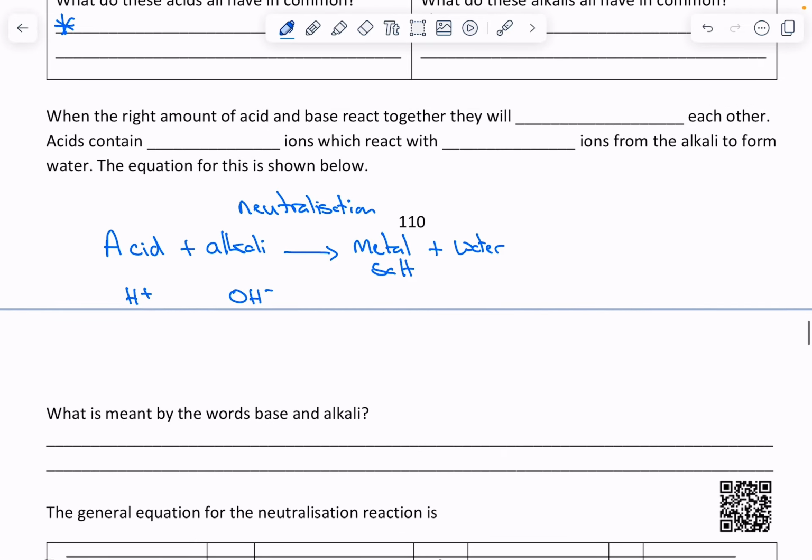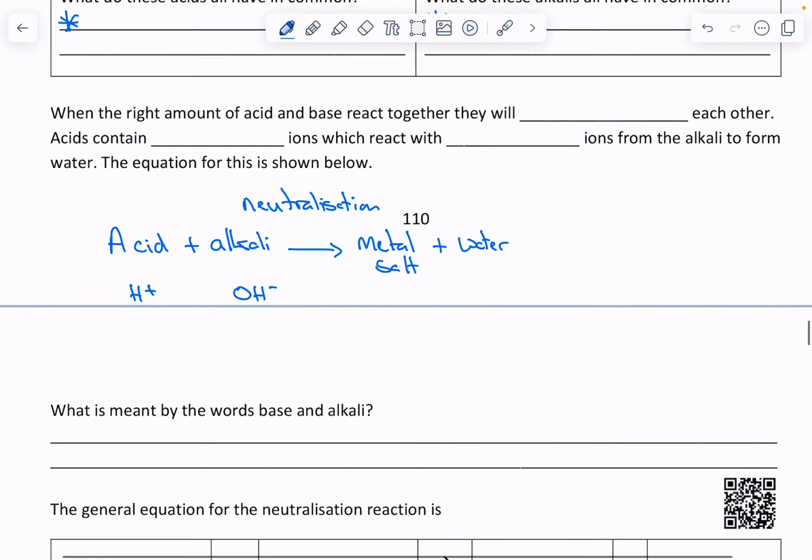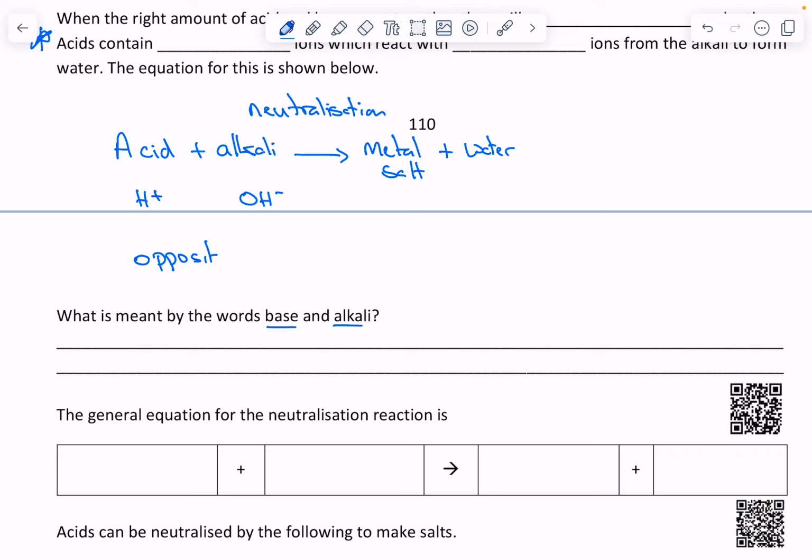So you should be able to fill in this little section here based on that discussion. And then this is a little test of memory. So what is meant by the words base and alkali? So base and alkalis, these are the opposites of acids.